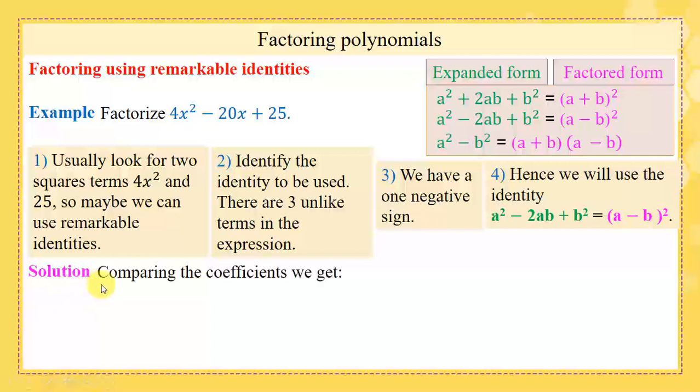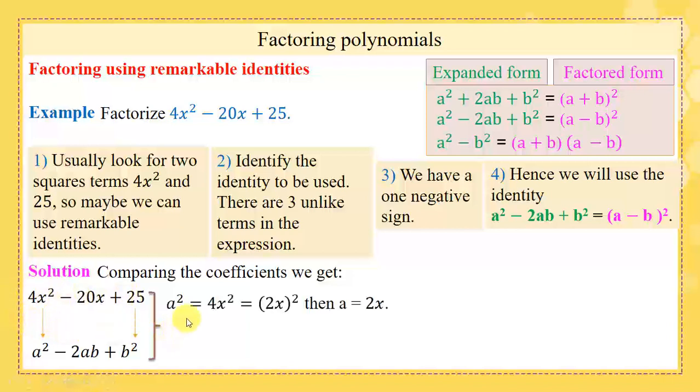Solution: we will compare the coefficients to get 4x squared minus 20x plus 25. 4x squared is a squared, so a squared equals 4x squared equals (2x) squared, since 4 equals 2 squared, so a equals 2x. b squared equals 25, so b equals 5. 2ab equals 20x, which is true.